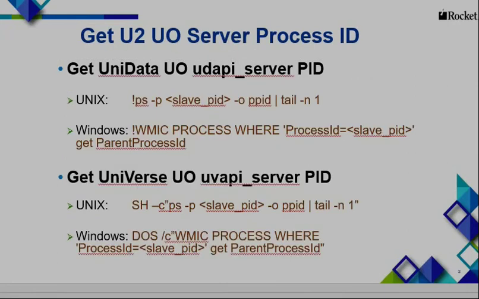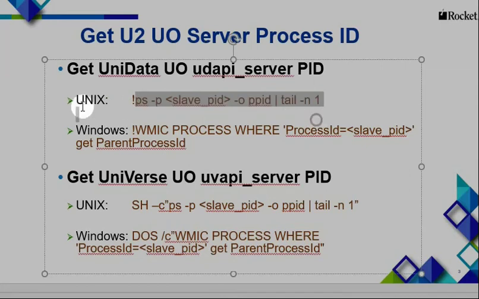For the parent, basically I use the Unix command or the Windows WMIC command to get the parent process ID information. For UniData on Unix, you use the exclamation mark and include the command.